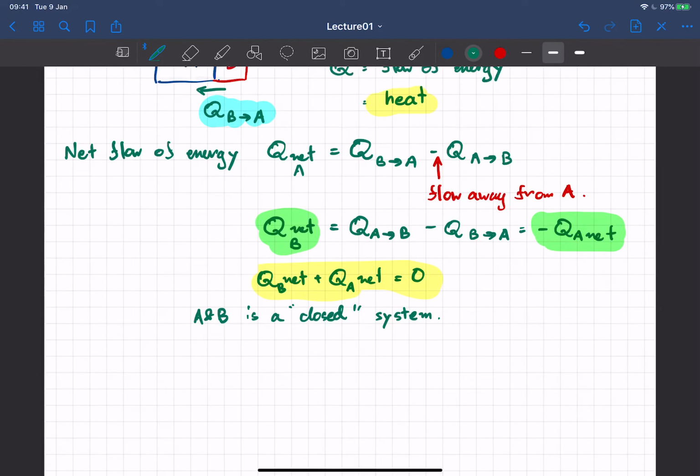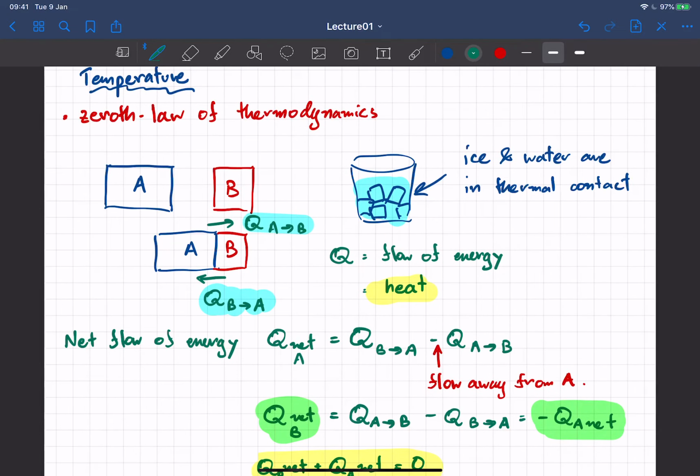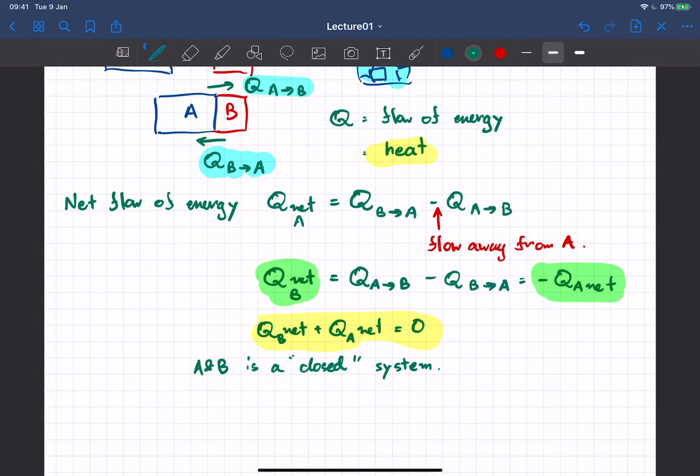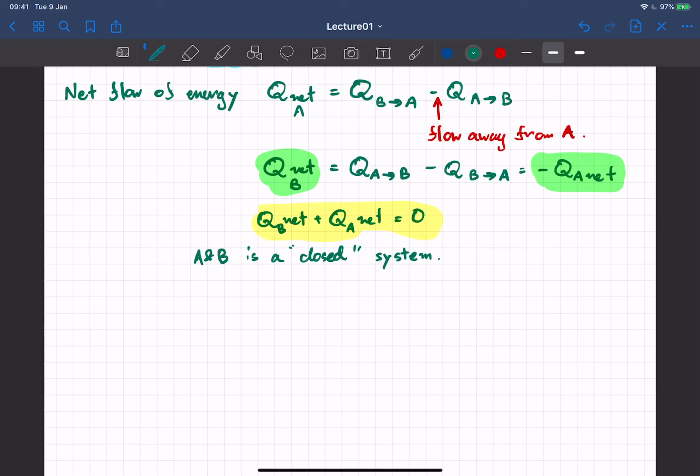Okay, so what is the zeroth law of thermodynamics? The zeroth law of thermodynamics talks about equilibrium.